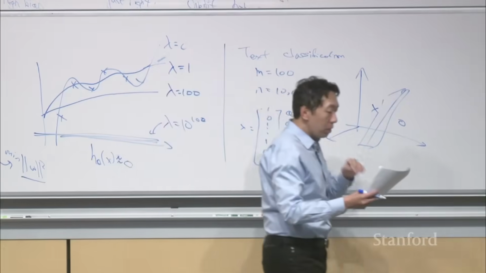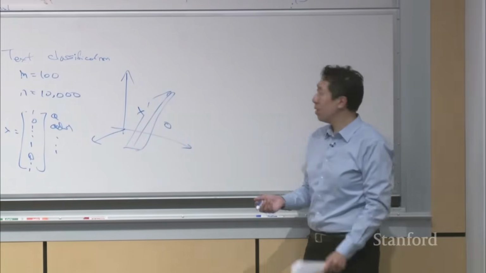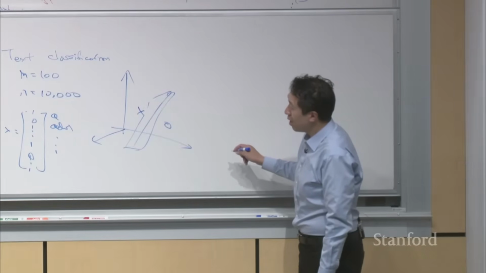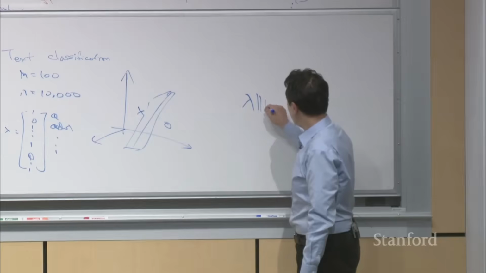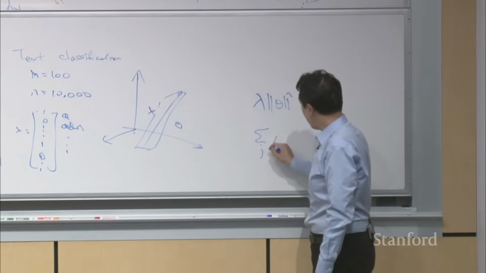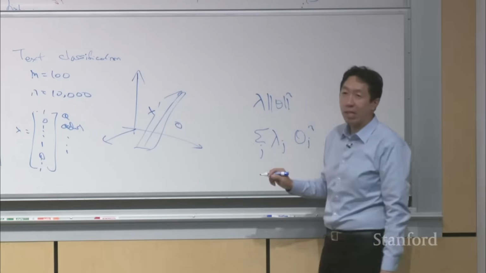Okay. The question you had just now: why don't we regularize per parameter? So instead of lambda times the norm of theta squared, it would be a sum over j of lambda_j times theta_j squared.